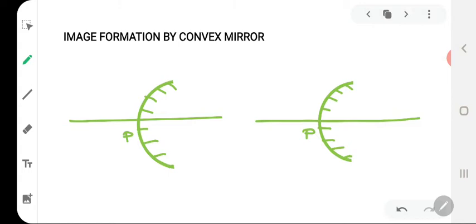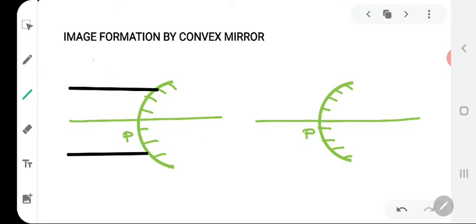Now in case of a convex mirror, we find that this mirror always forms a virtual image irrespective of the position of the object in front of it. So now let us discuss the situation when the object is at infinity. Now when the object is at infinity, we know that the rays of light are going to be parallel to the principal axis, and any ray of light which is traveling parallel to the principal axis appears to come out of the focus.